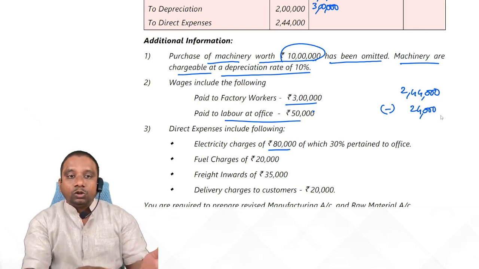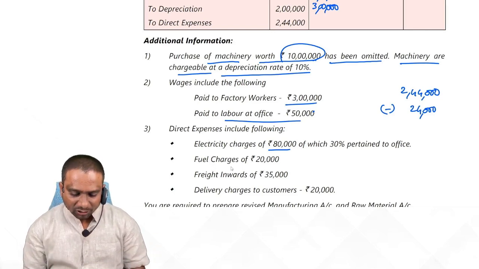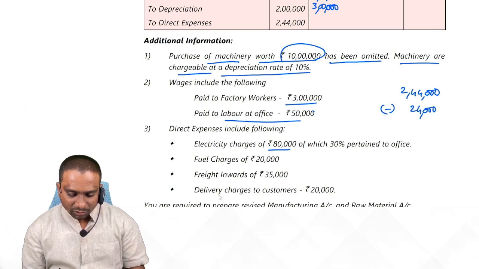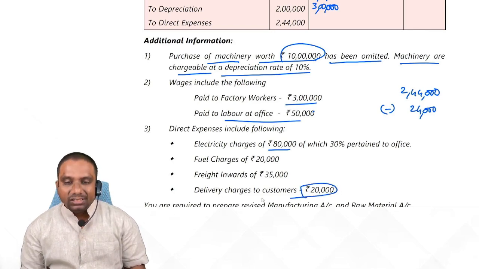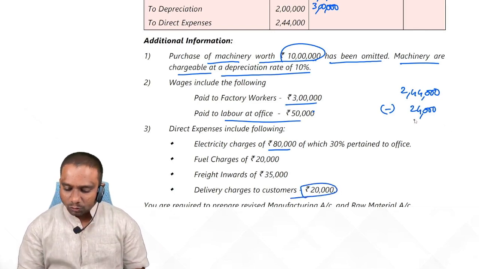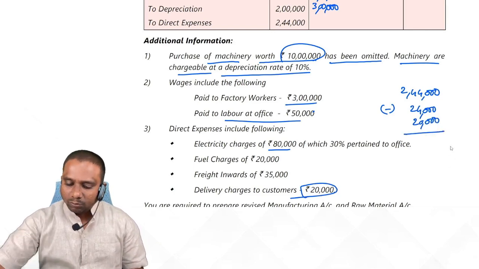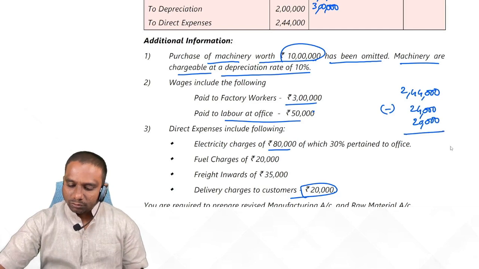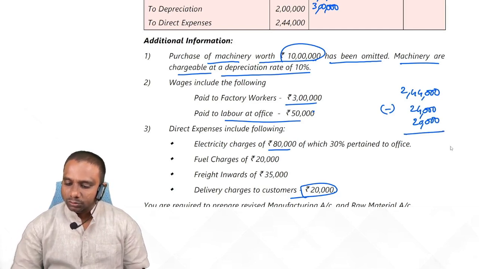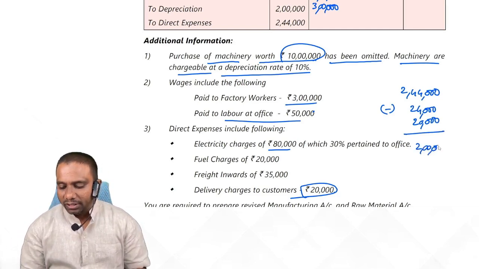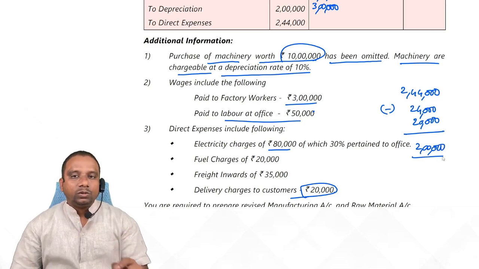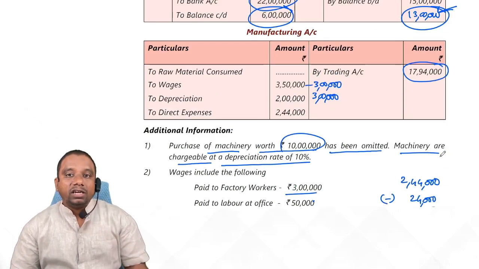By mistake, they have shown it in the manufacturing account. Next, fuel charges, freight inward, and delivery charges to customer. This is also not considered, so 20,000. So in total, how much do we deduct? 2 lakh 44,000 minus 44,000, so finally we show 2 lakhs. Is it clear, students?